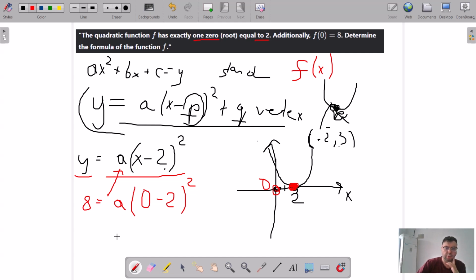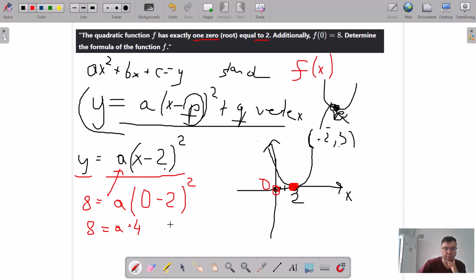First you square it. Minus 2 squared is 4, so the negative changes to positive.